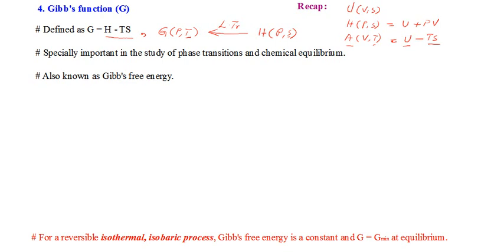So we will see that Gibbs function, better called Gibbs free energy, is a convenient thermodynamic potential when we study phenomena like phase transitions or when we study chemical kinetics, especially the equilibrium in chemical reactions. And that is why you have used the Gibbs free energy in predicting the spontaneity of chemical reactions, as I told you in the introductory part of this particular topic.